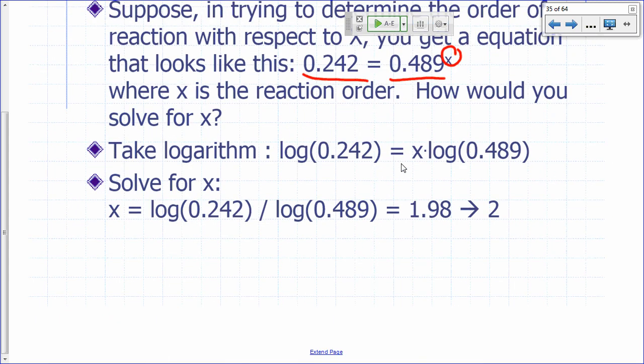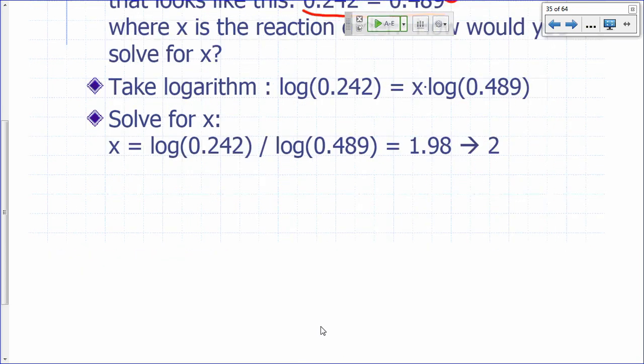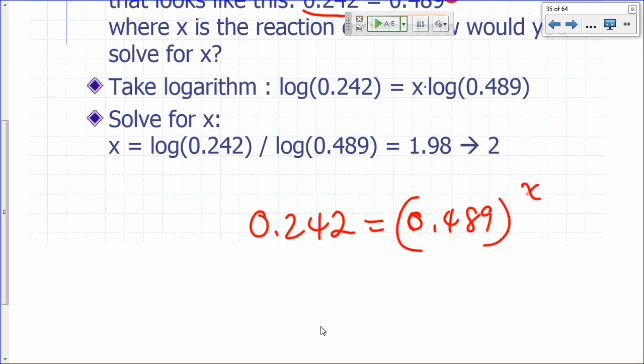If you have an unknown in the exponent, how would you solve for that unknown? You do logarithms, okay? So you say 0.242 equals, in this particular example, 0.489 raised to the power x.